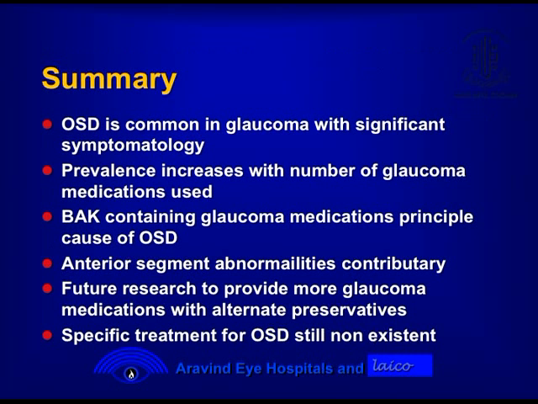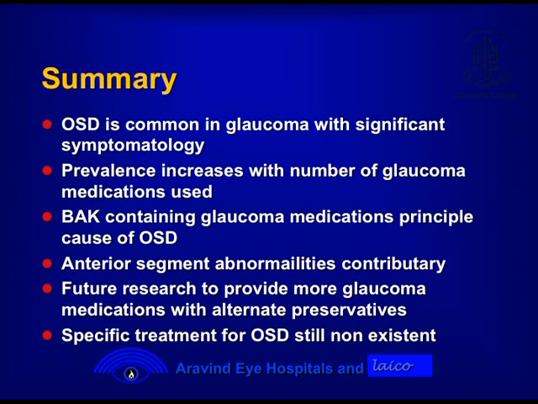And in summary, ocular surface disease is common in glaucoma and present with significant symptomatology. Prevalence seems to increase with the number of glaucoma medications used as well as severity of glaucoma. And BAK-containing glaucoma medications seem to be the principal cause of ocular surface disease in persons with glaucoma.